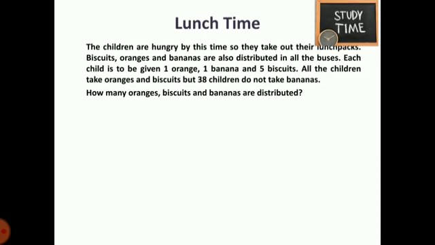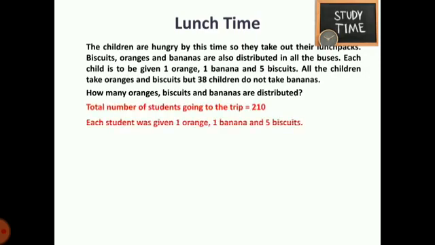How many oranges, biscuits and bananas are distributed? So each child has got 1 orange, 1 banana and 5 biscuits, but 38 children did not take banana. So we'll see how many oranges, biscuits and bananas are distributed.